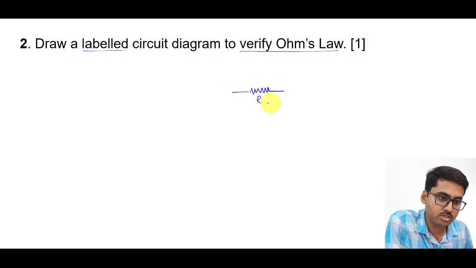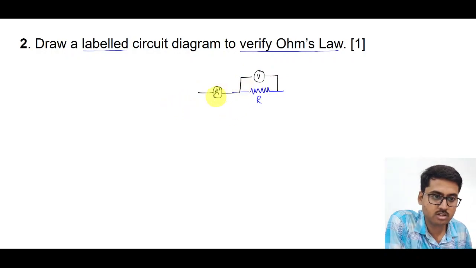Let me call this R. To measure this resistance you need to put a voltmeter across it that will measure the voltage across this resistor, and we put one ammeter in series.